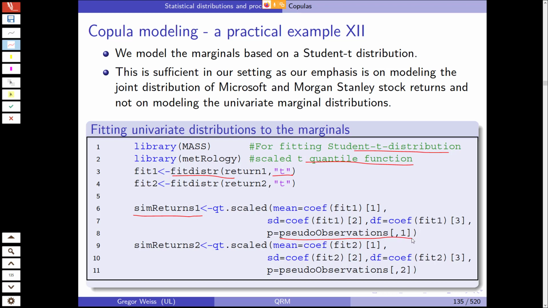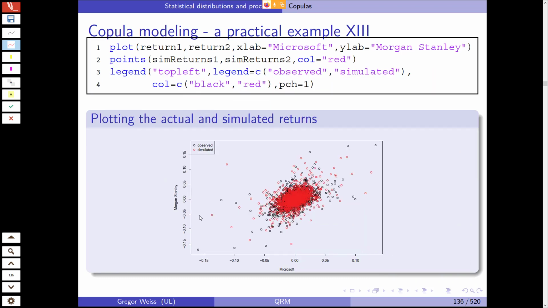Again, remember the quantile transformation. We are taking the pseudo observations from the copula, we are inserting them in the quantile functions of our marginals, and what we get is the joint distribution. And this is the result. We are plotting return 1 and return 2 in black, and our simulated returns from our model are shown in red.